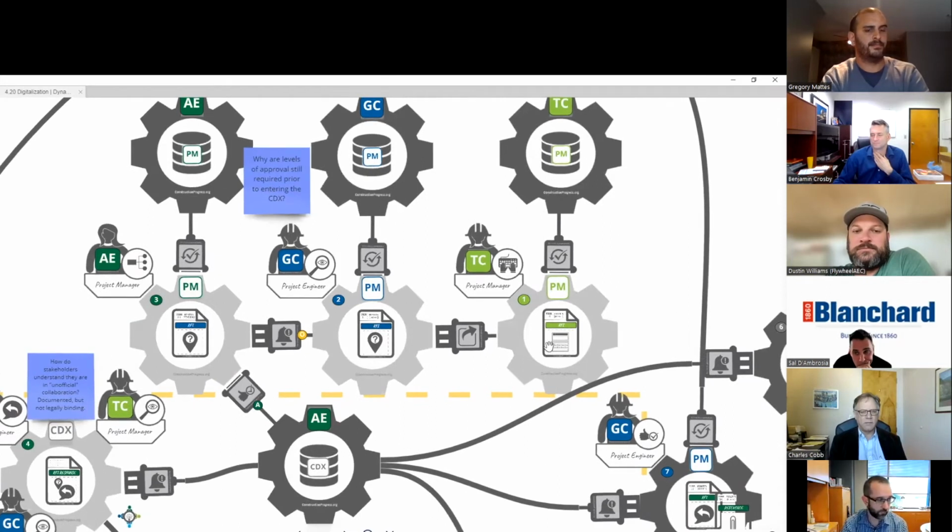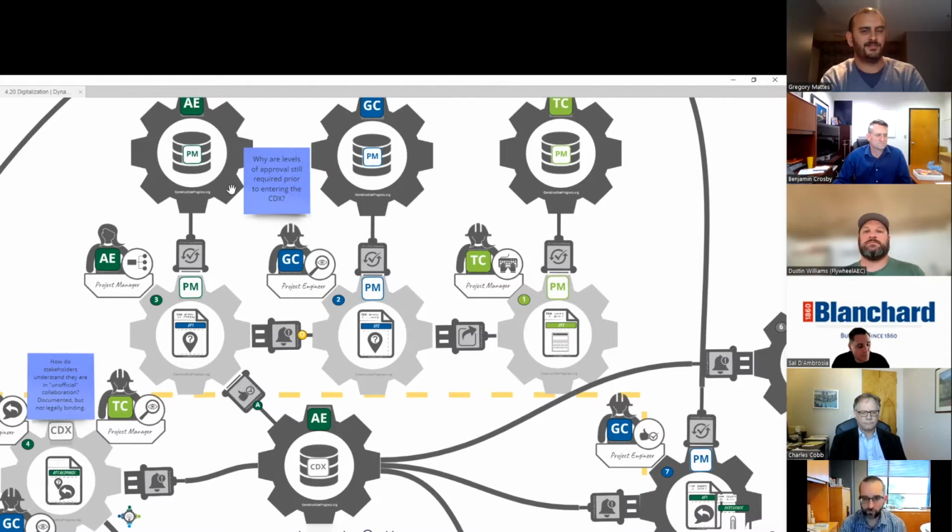So you have your trade contractor generating an RFI, either manually inputting it into the PM system, or even better, through integration, being able to push it into the PM system, right? Which then triggers the PM system to say, oh, okay, this needs to go to the AE system, right? And that project engineer makes that distinction manually, or they have automations set up to do so.